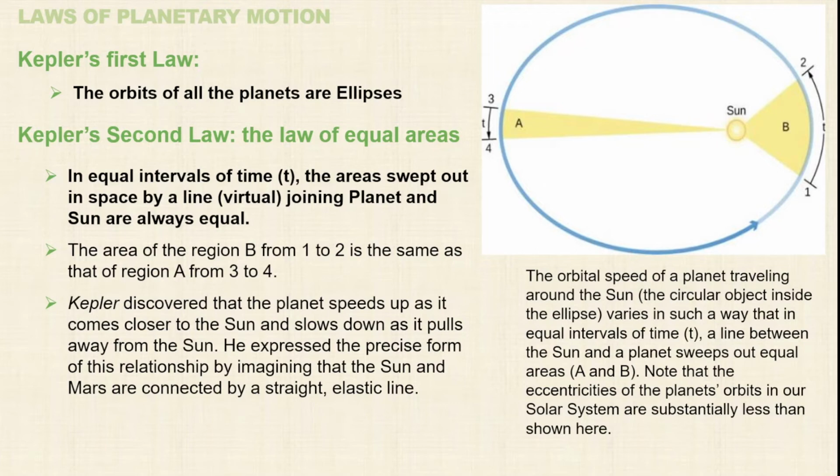What that means is, this is our Sun. This is a little bit exaggerated version. So the Sun is at one of the foci here, and the planet goes around in this elliptical orbit out here. And so if, let's say, the planet is at point 3, in time t, it moves forward.